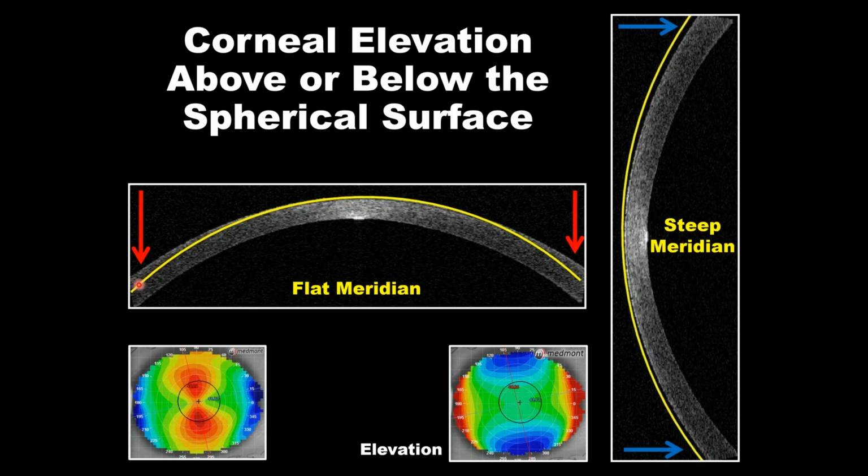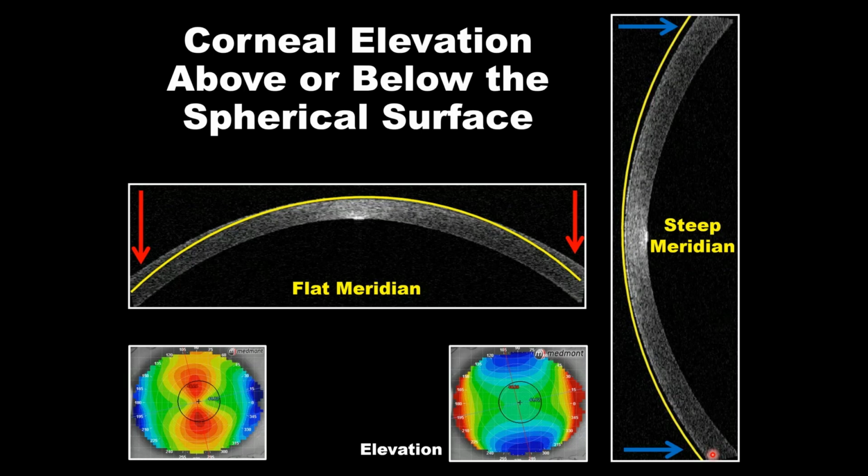Where that spherical reference surface would fall in or dig into the cornea, that's where you see the red on the elevation map. So the best fit sphere has fallen below the elevation of the cornea. That creates red. Where you see the blue, that's where the elevation sphere is above the corneal elevation. That's here and here, as you can see on this image at 12 and 6 o'clock.